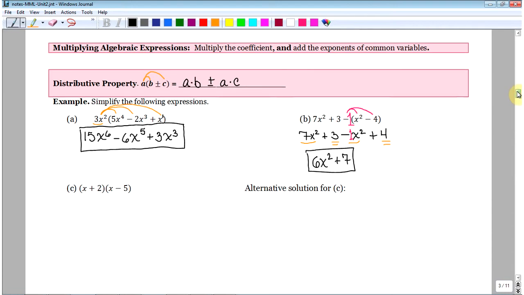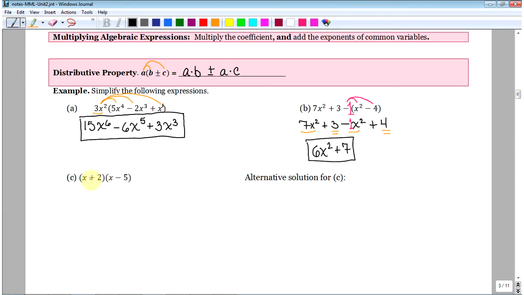Okay, for part C, we have two binomials being multiplied together. So we can use the distributive property, or, well, it is the distributive property, but a common method that's taught to multiply two binomials that you may have heard of before is FOIL.